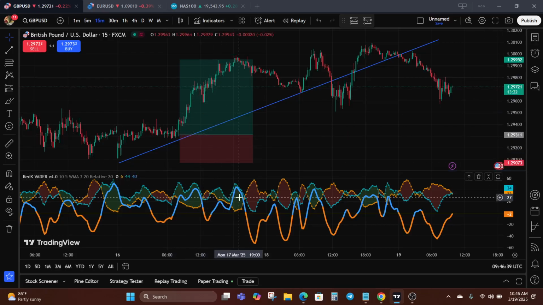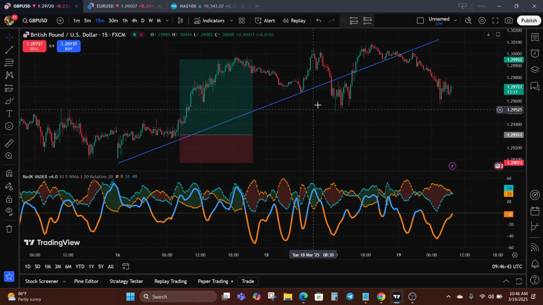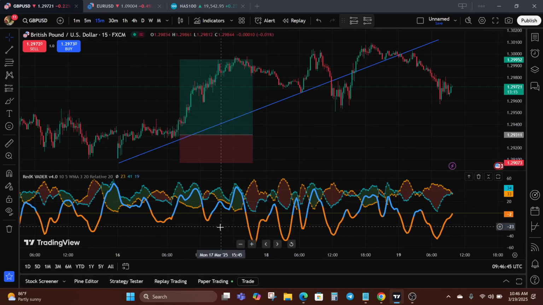So ensure that before you enter a buy trade, the trend should be bullish, one, and then secondly, this particular line should climb into the positive territory from the negative and should turn blue. That is two. And then finally, ensure that this thin line with some stars on it is above the orange.